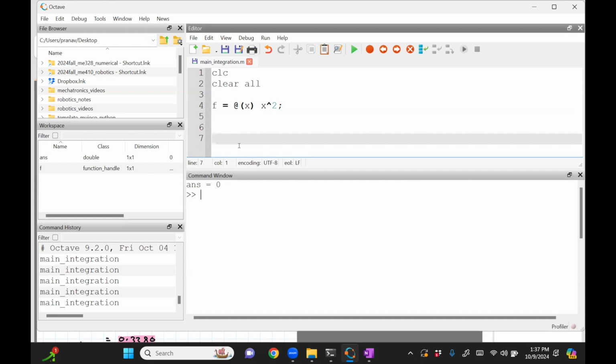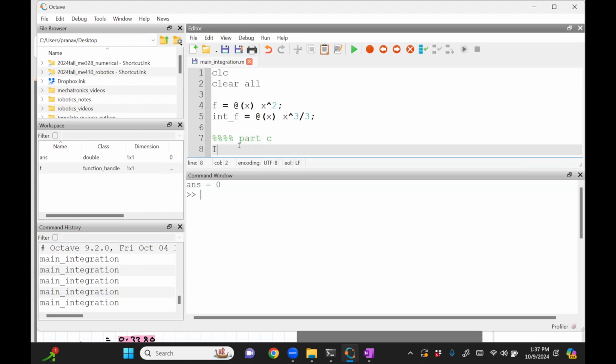Okay, so that's that. The analytical one is at x raised to 3 divided by 3, I think. Right? So we could do part C easily. Part C, that would be I analytic equals, let's specify the upper and lower limit.